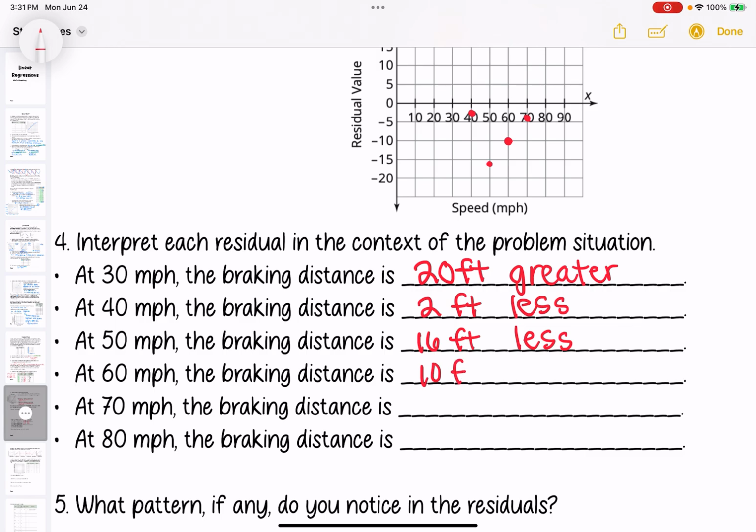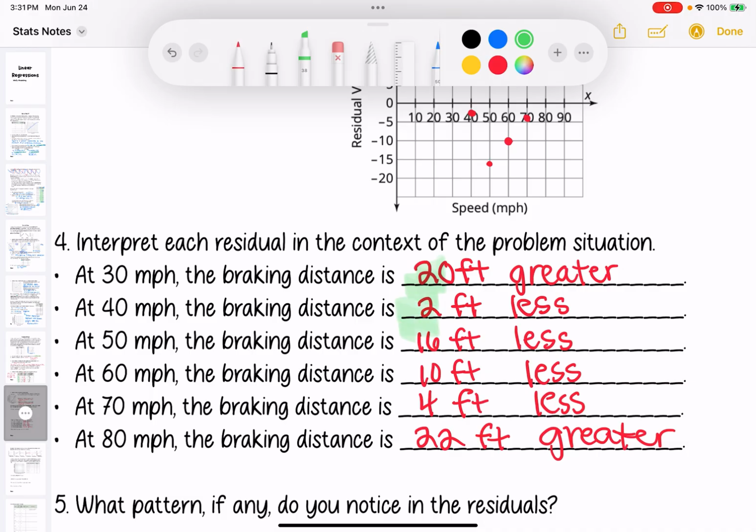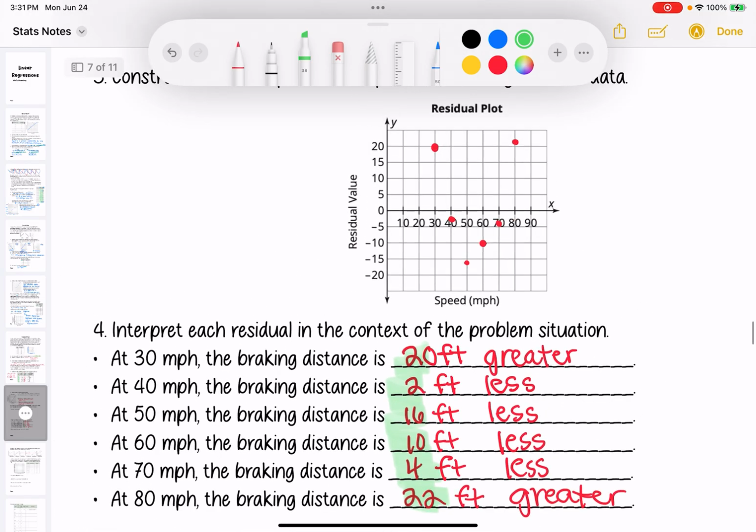Then 10 feet less. 4 feet less. And then 22 feet greater. These are our residual values. If it's in the positive region of our residual graph, so up here, it's greater. If it's in our negative region, it's less.